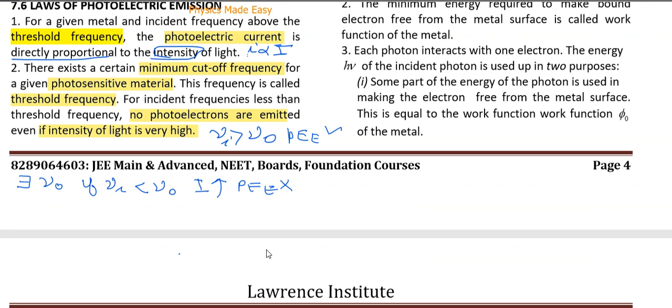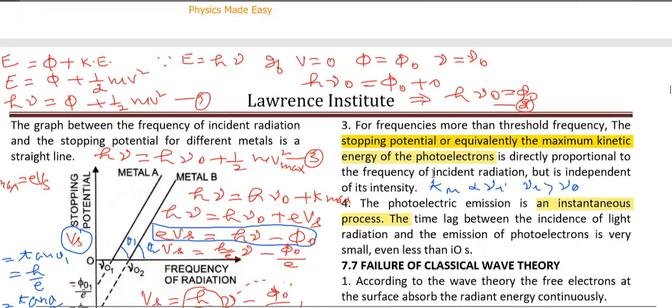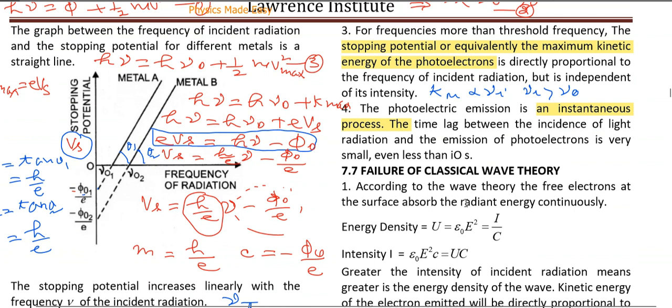I shall pick up this point in classical theory immediately. And now, third, for frequencies more than the threshold frequency. The first condition is that frequency should be more than threshold frequency. In that case, stopping potential is directly proportional to incident frequency.